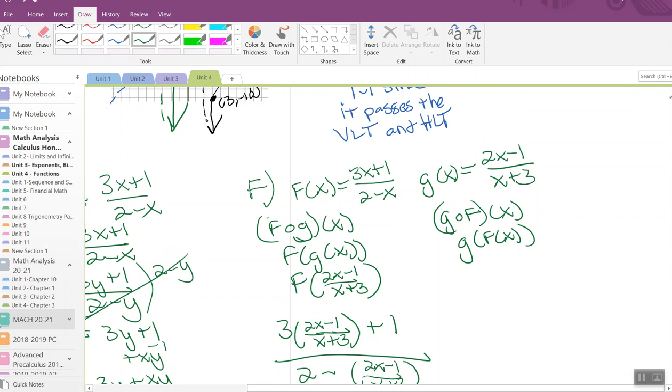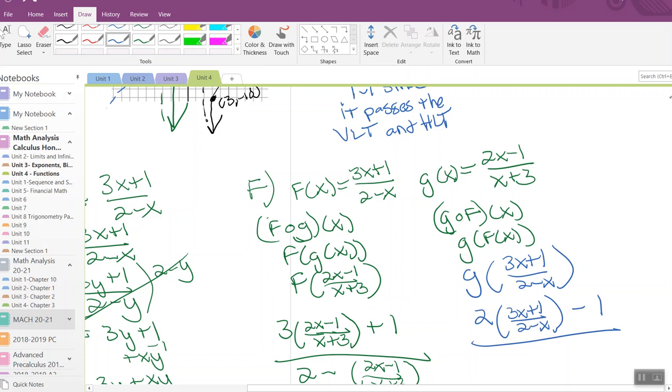the g of f of x. So we put the f function in here, so we get (3x plus 1) over (2 minus x), and then we put that everywhere we see an x here, so 2 times (3x plus 1) over (2 minus x), minus 1, over (3x plus 1) over (2 minus x), plus 3.